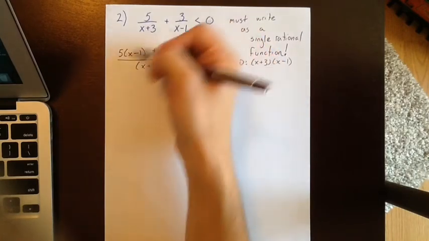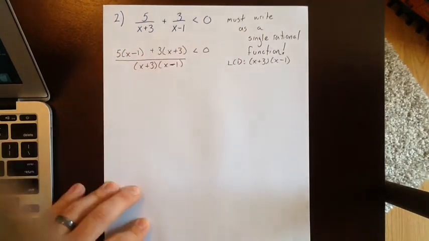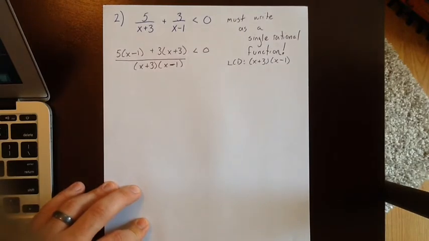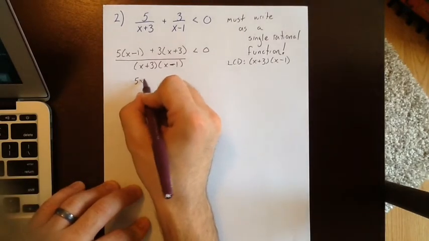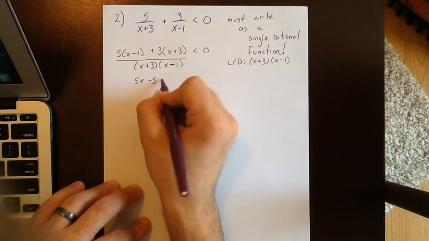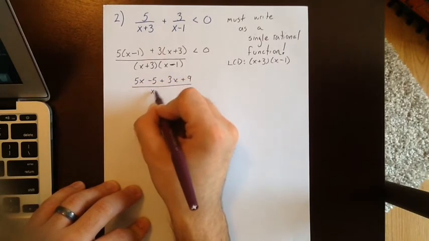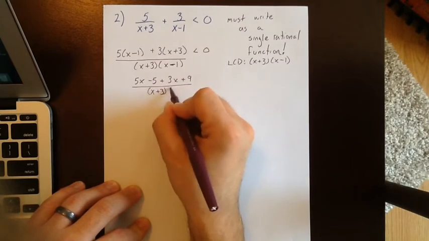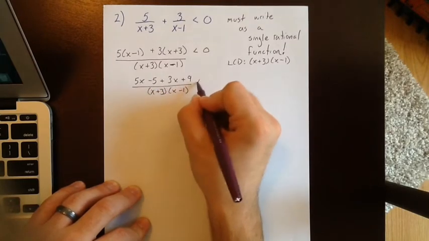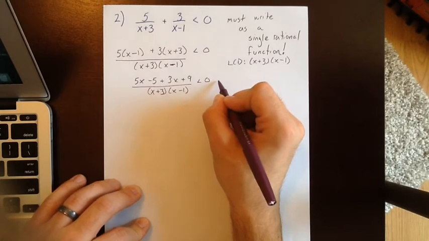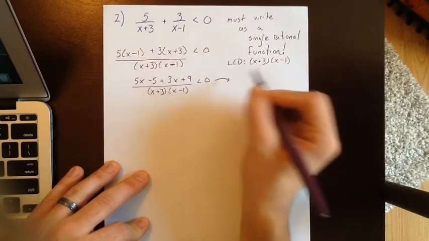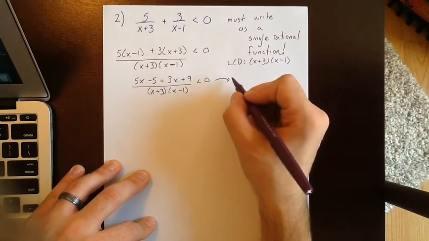We can simplify it, and we get 5x minus 5 plus 3x plus 9, leading us to this simplified rational inequality.